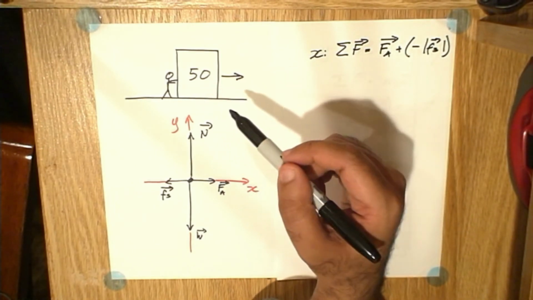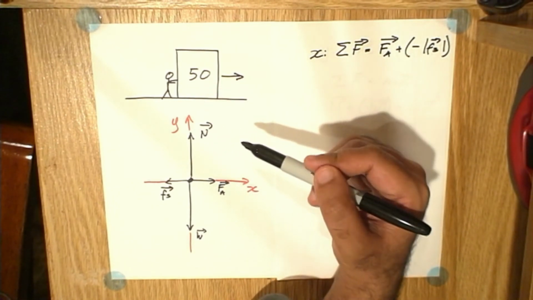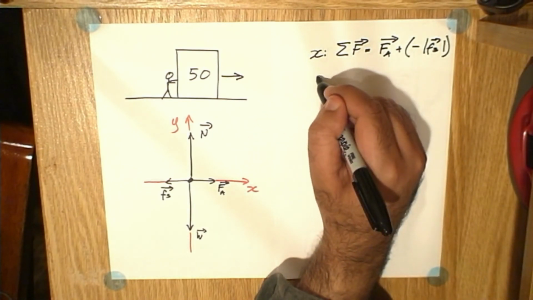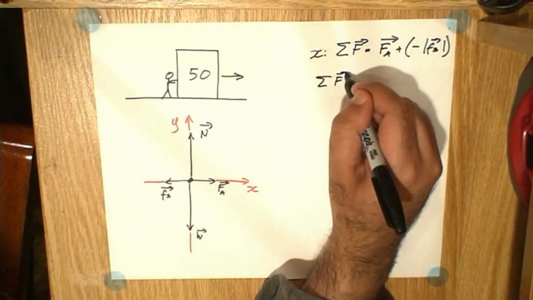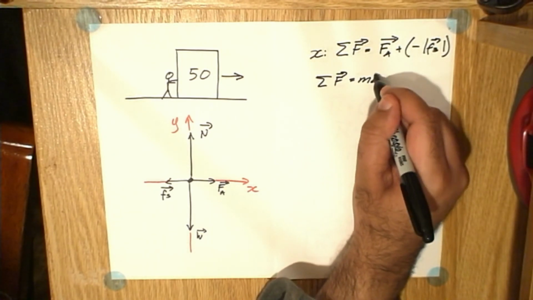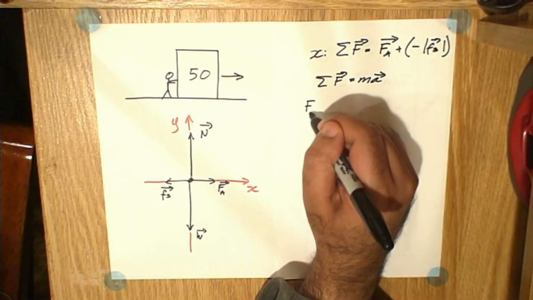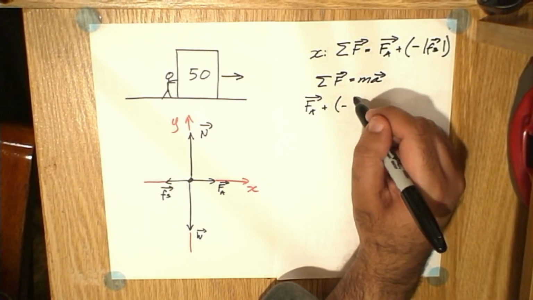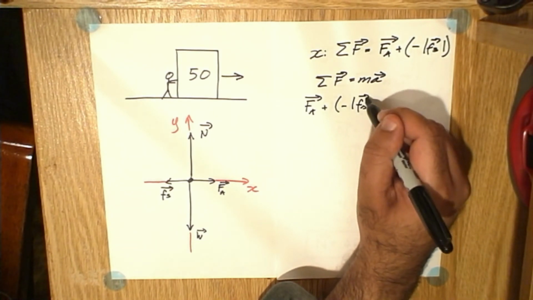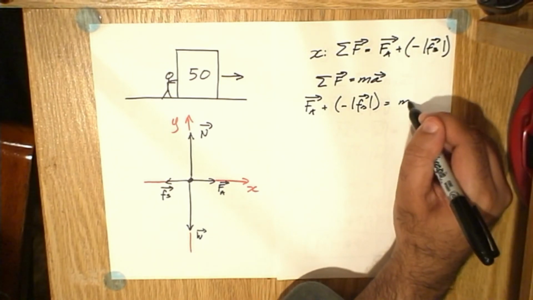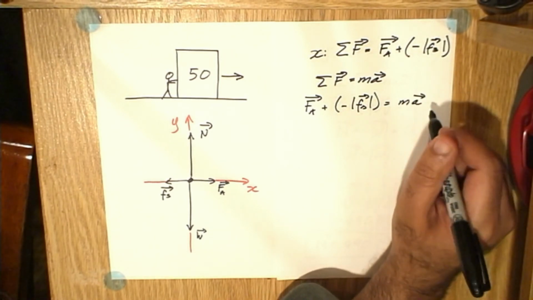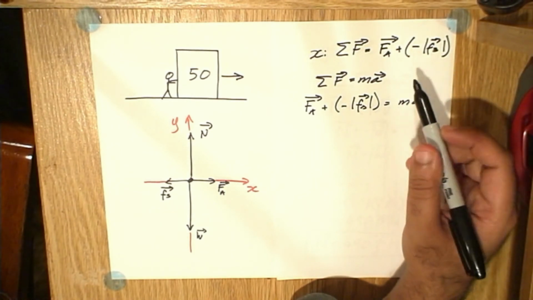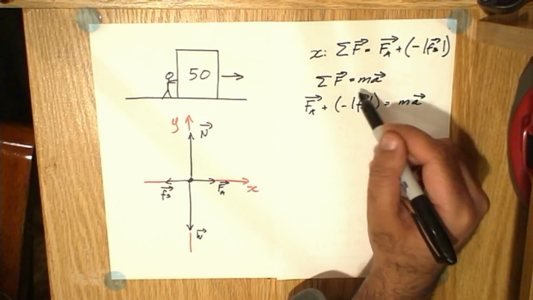Now, if we just want to find the threshold value of static friction at which this just about starts moving, then once we have set the total force equal to mass times acceleration, that is, applied force plus negative static friction is equal to mass times acceleration, that means that the acceleration is going to be 0, because we're looking for the threshold value of static friction.